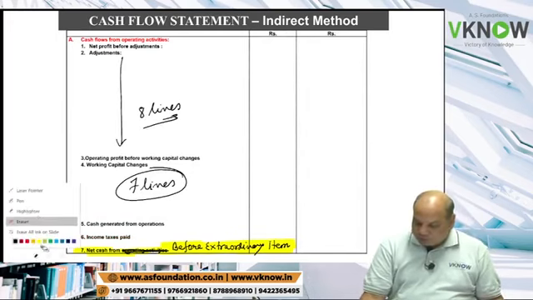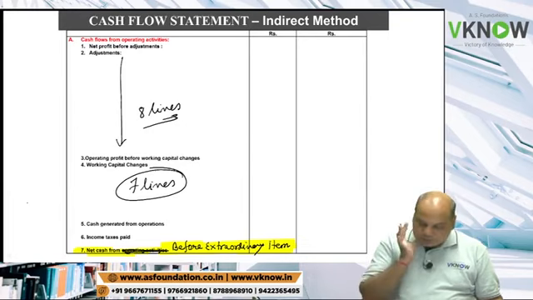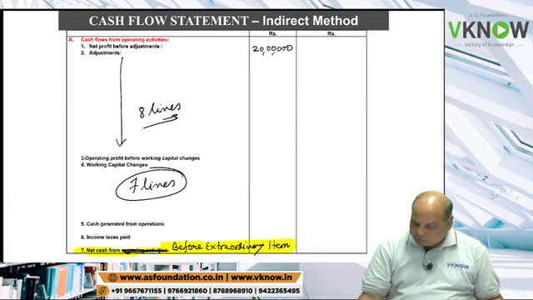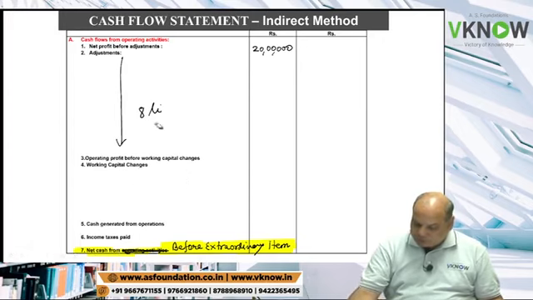So you will write here, point 1, net profit before adjustment, 20 lakh.